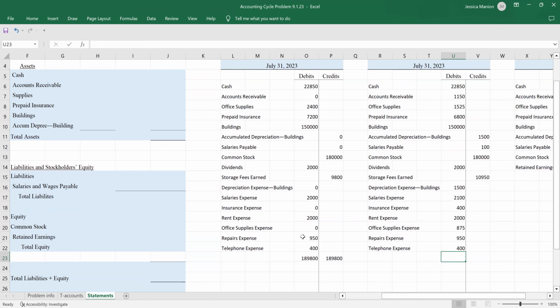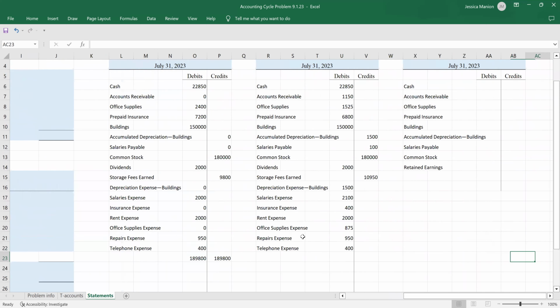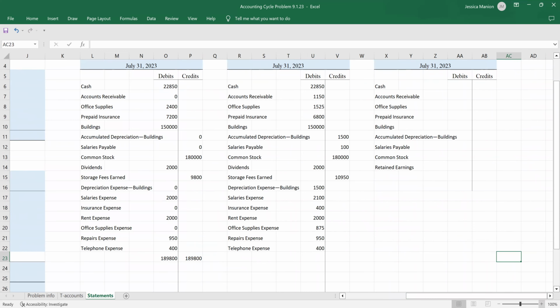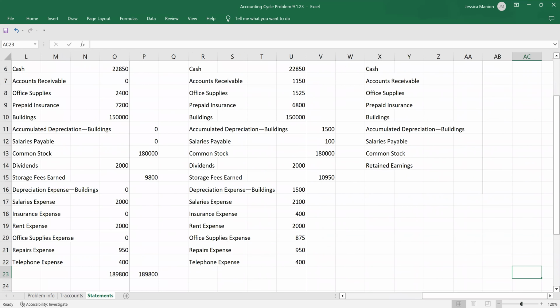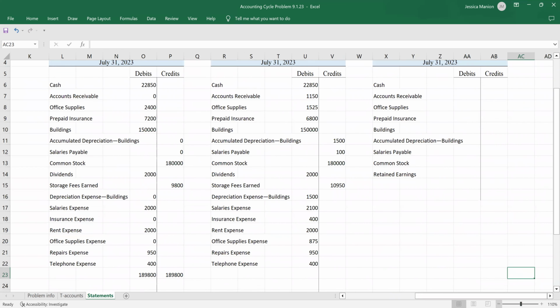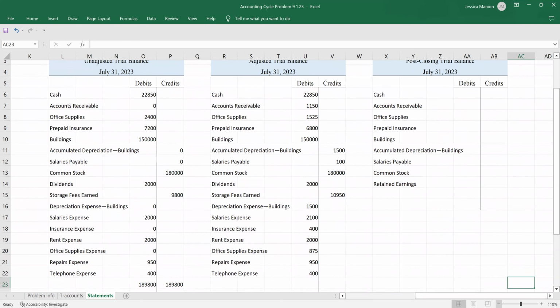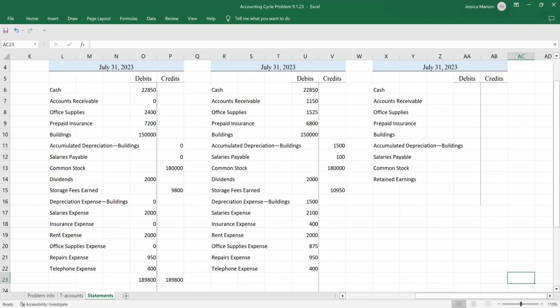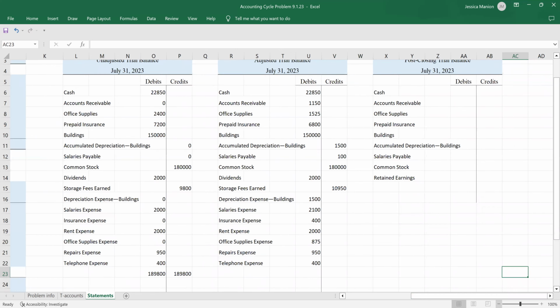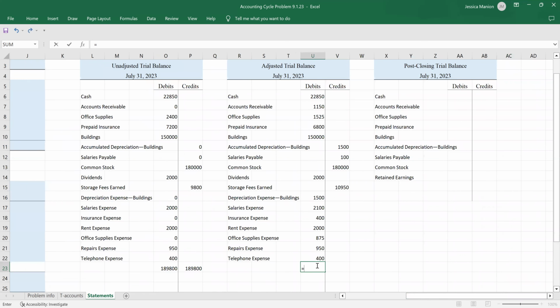Okay. So there is our adjusted trial balance, right? So the trial balance after we have updated balances for the adjusting entries. And so last thing, we just need to total this up. We need to make sure it equals.